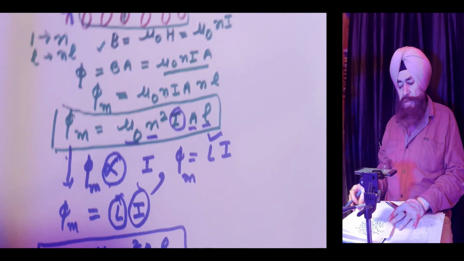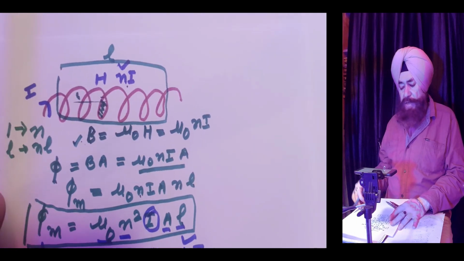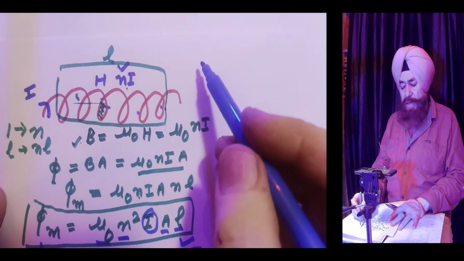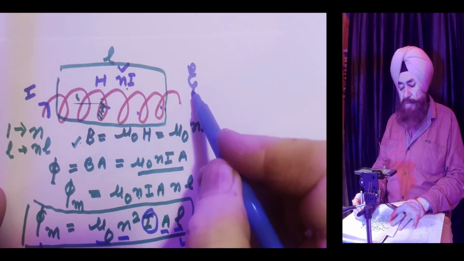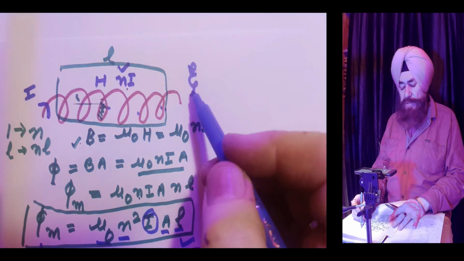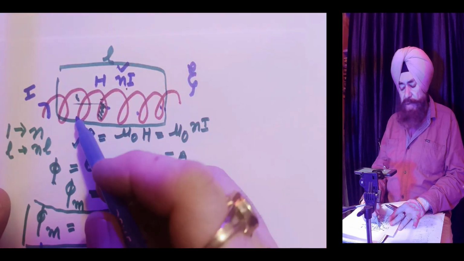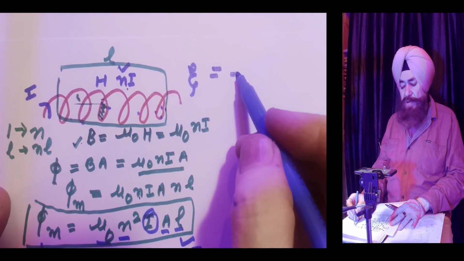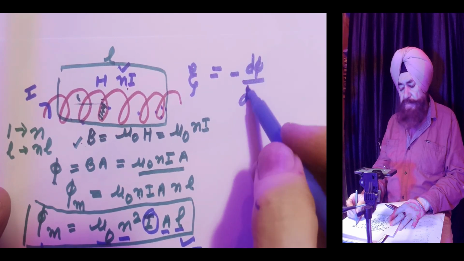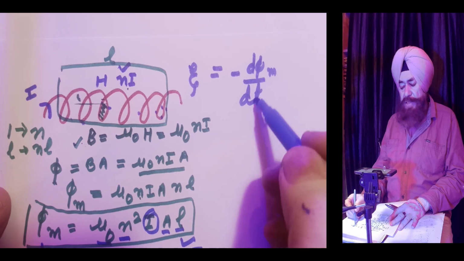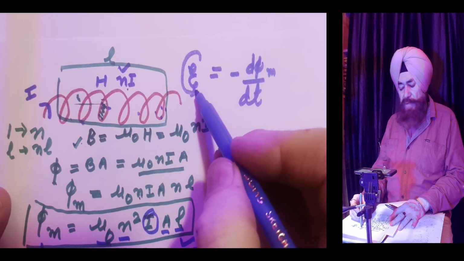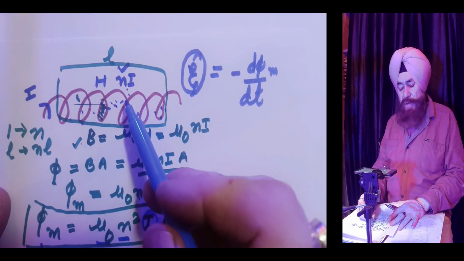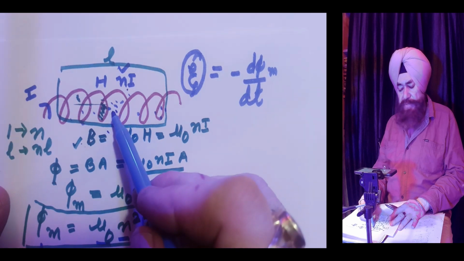Now, the Faraday law. If there is some flux linked with the coil, there will be an induced EMF, or induced voltage, if there is a rate of change of flux. If magnetic flux changes with time, then there will be induced voltage and induced current. One current is flowing, that is the battery current.